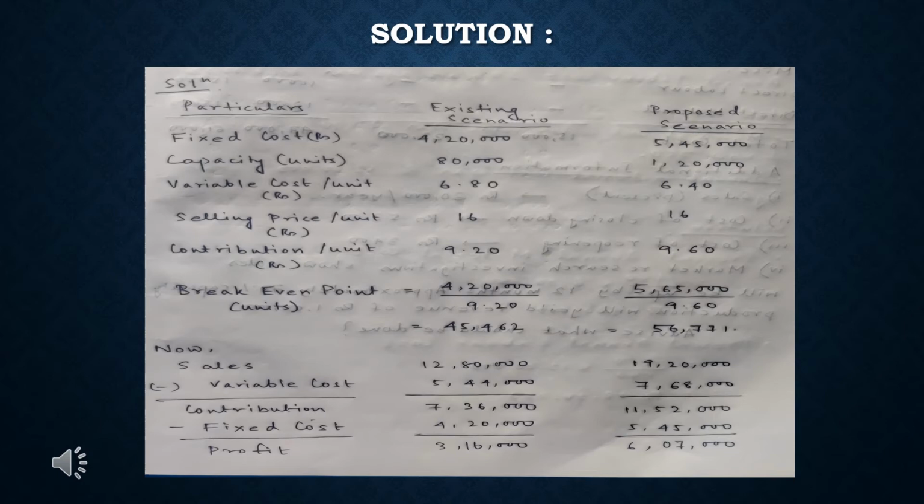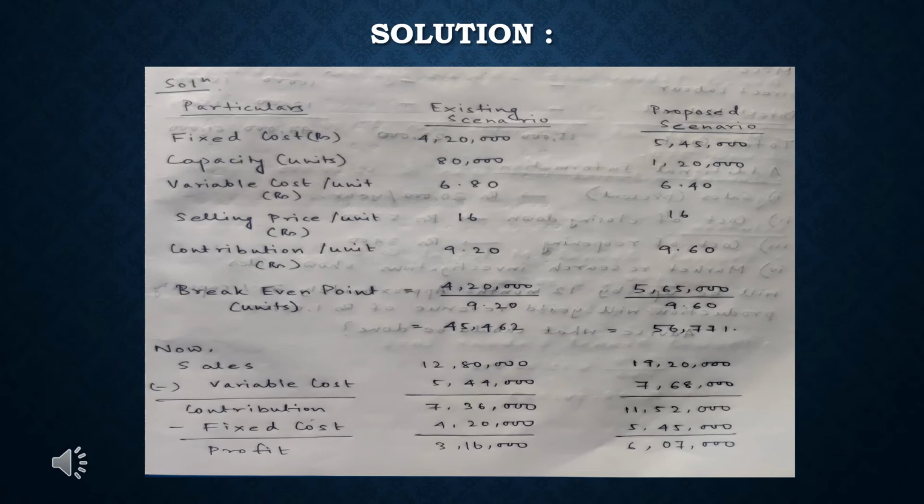The variable cost per unit in the proposed one drops by 0.4 from the existing 6.8. The selling price remains the same. Now, coming to the contribution per unit, selling price minus variable cost per unit gives us the contribution.